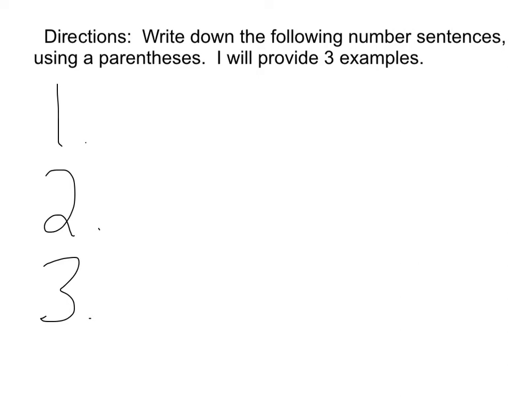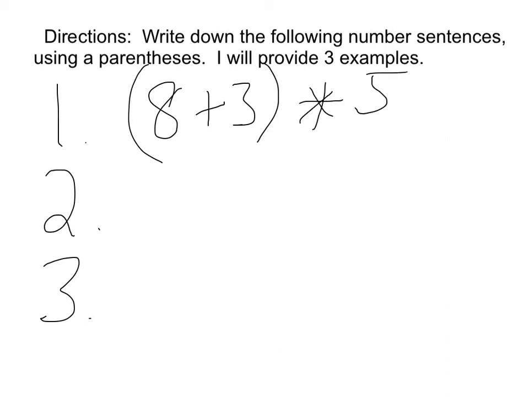Let's go over our answers and see if we had the correct number sentences, including the parentheses. For number 1, you should have had 8 plus 3 in parentheses and then times 5. Check your answer.